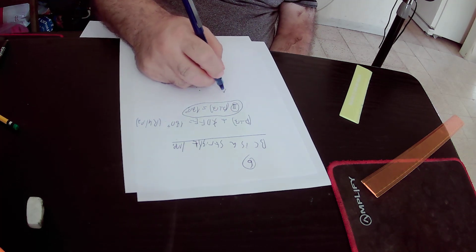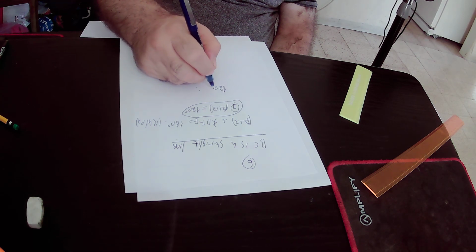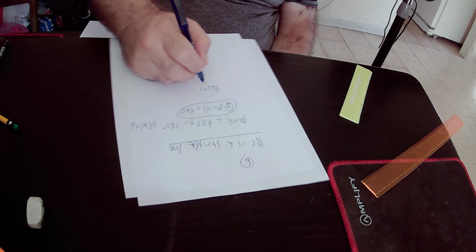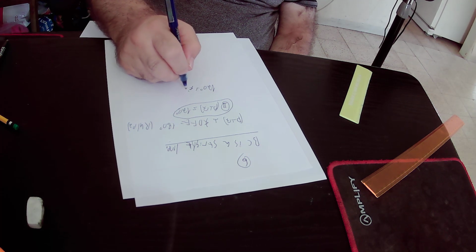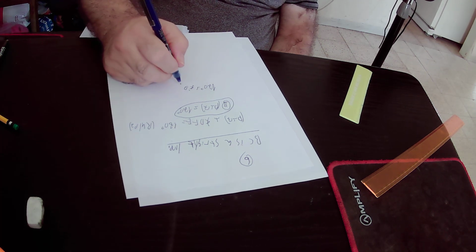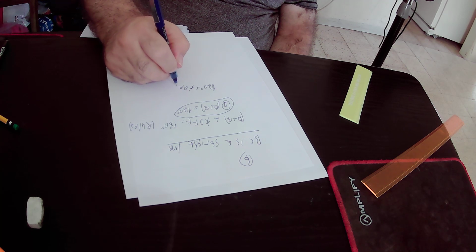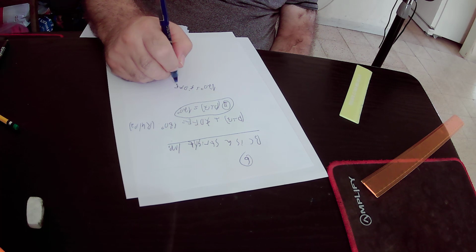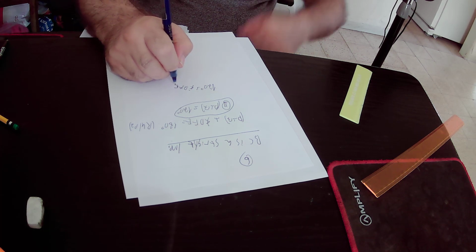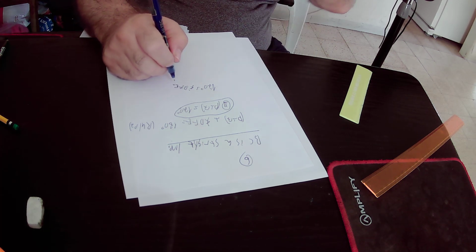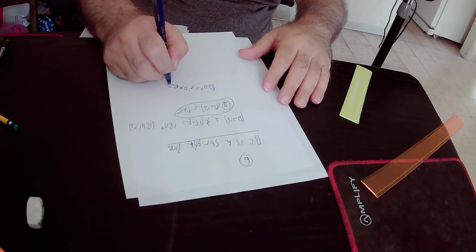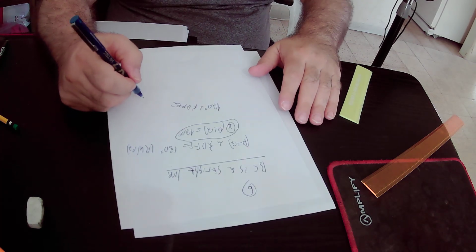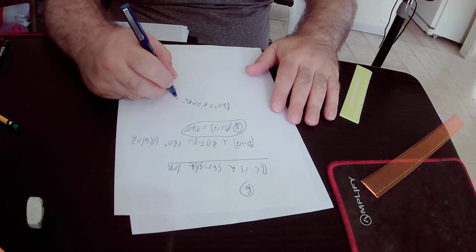So we get that 120 degrees plus angle DFE equals 180 degrees.